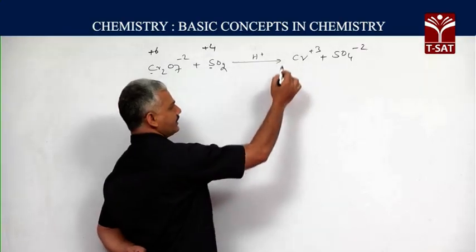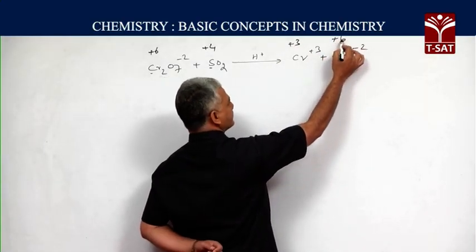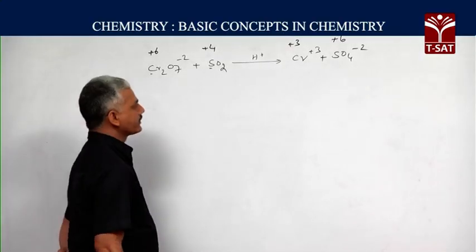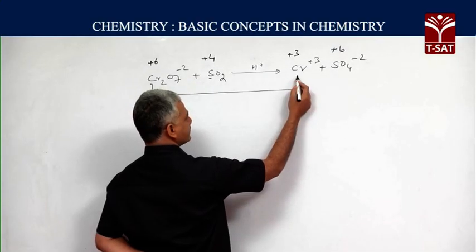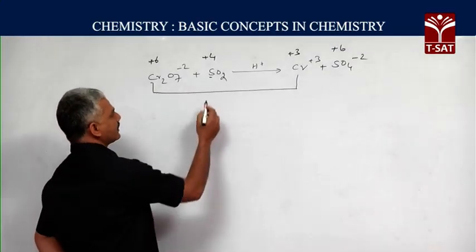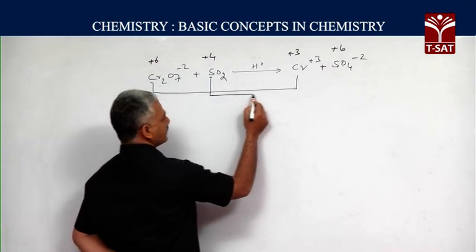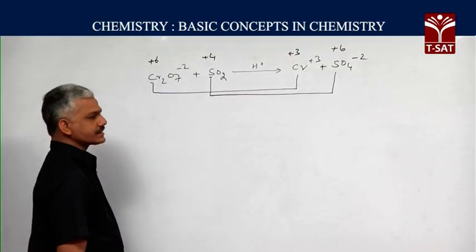On the product side, chromium oxidation state is +3, sulfur oxidation state is +6. So, for chromium there is a decrease in oxidation state from +6 to +3, whereas for sulfur there is an increase in oxidation state from +4 to +6.